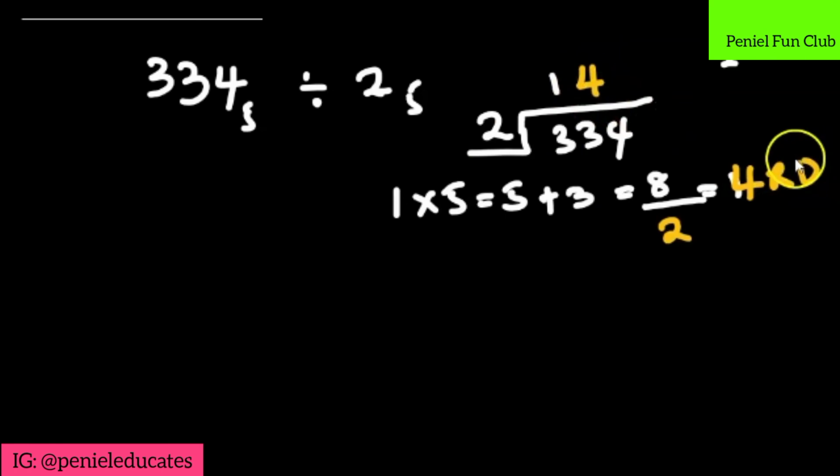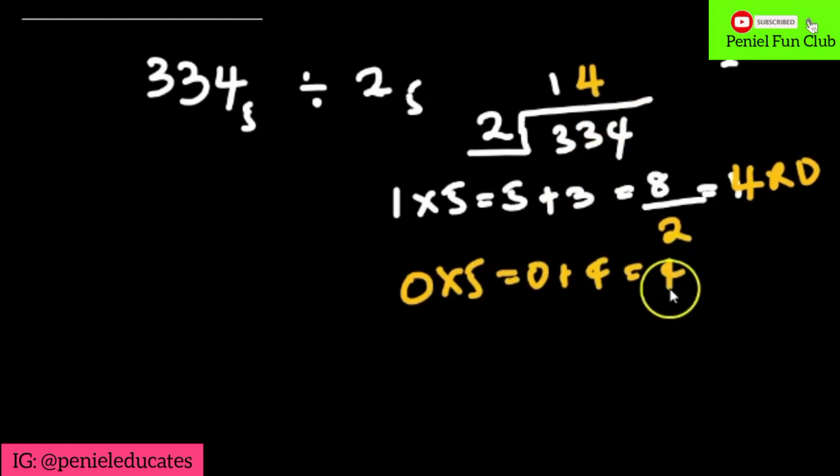The remainder is 0, so I multiply the remainder 0 by my base, which is 5. Then I add it to this particular digit. So 0 times 5 is 0, plus 4, and that is 4.